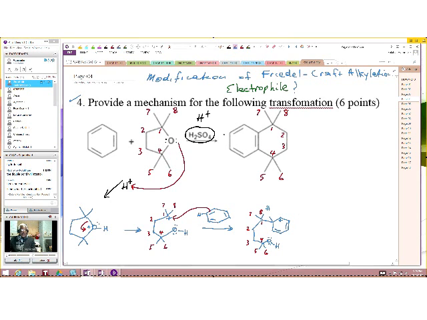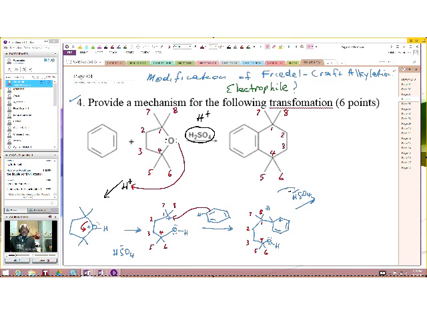Keep in mind that when the sulfuric acid donated the proton, we also form this here. That will be acting as a base. So that comes in now to grab this proton here.